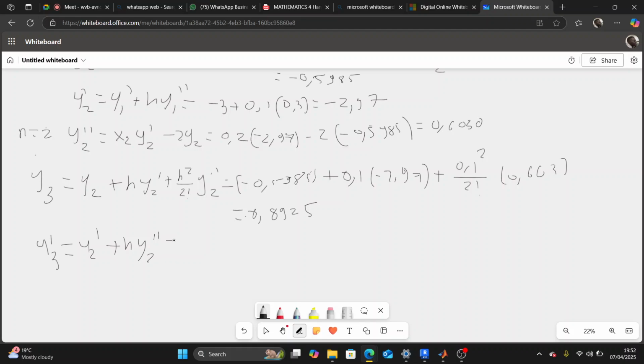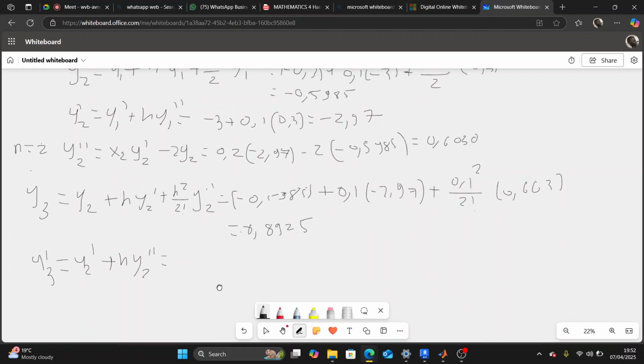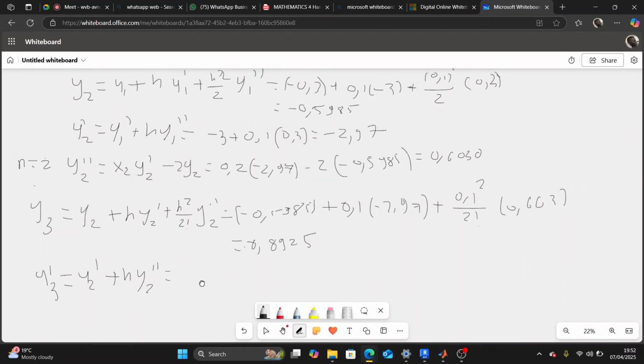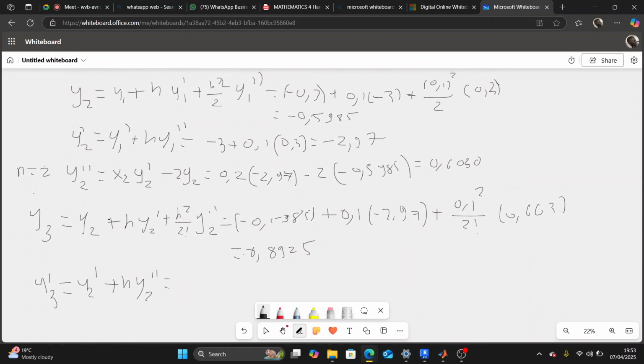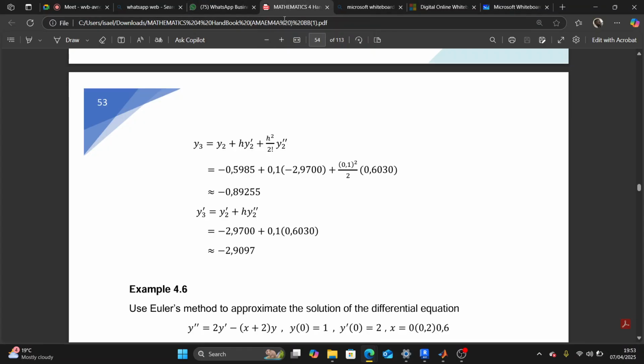Now you apply the formula. What is y prime 2? We found it just now. y prime 2 is minus 2.97, plus h, which is the step, 0.1, times y double prime 2, which is this one here, 0.603. So if you can get it, you have solved the problem.